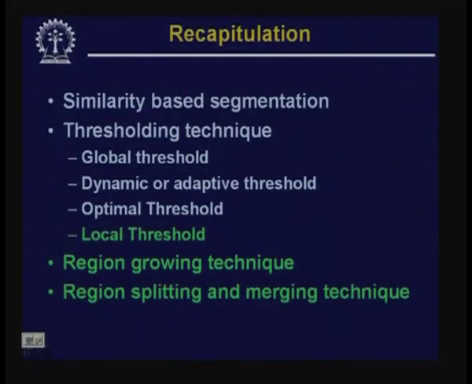In case of optimal thresholding, we tried to find a threshold by assuming that the histogram of the image is a representative of the probability density function of the pixel intensity values. So, if you have a bimodal histogram, it is considered as a combination of two probability density functions.